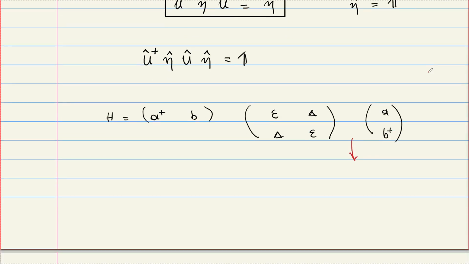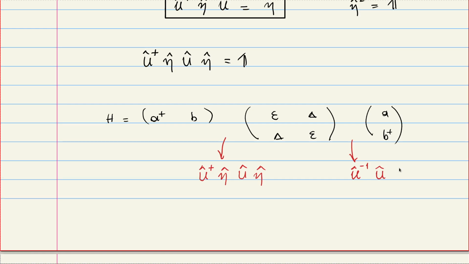Then I'm going to put here U inverse U, which is unity, and I'm going to put here this unity. So this is U dagger eta U eta.